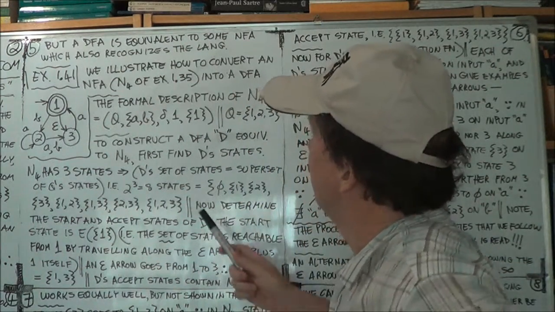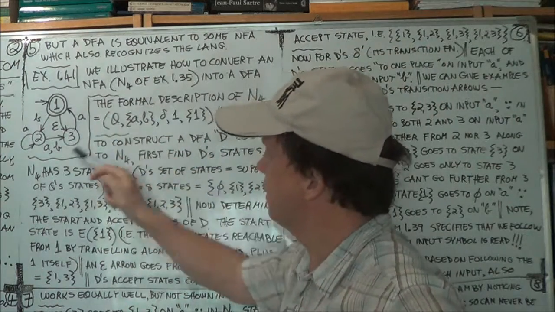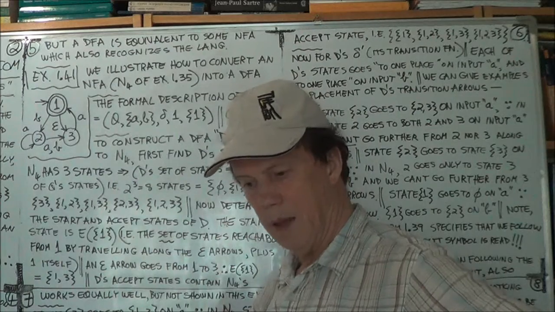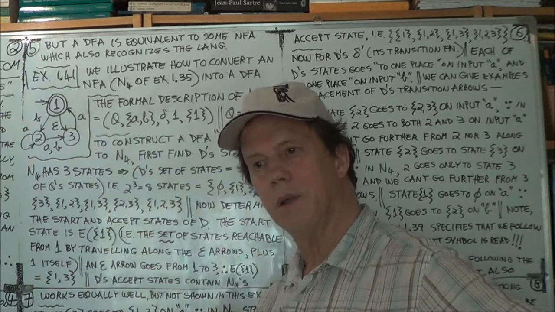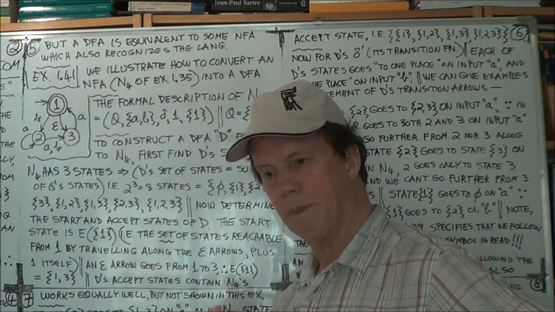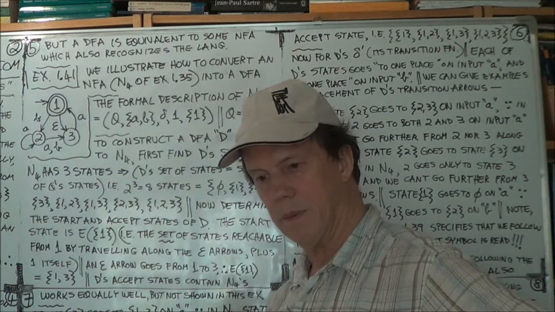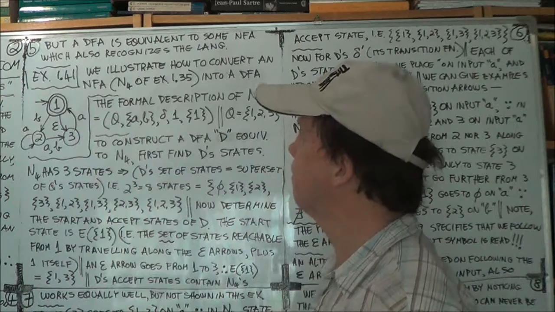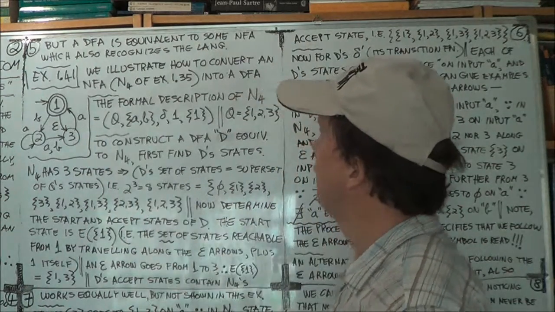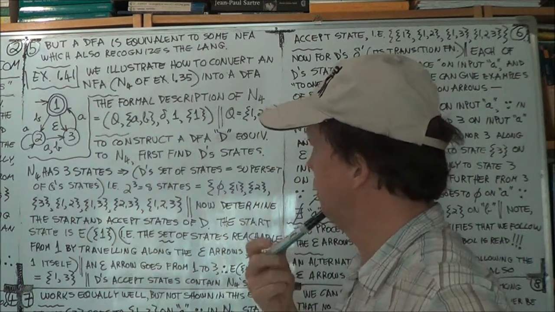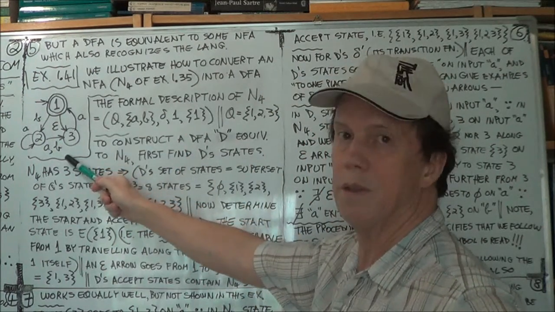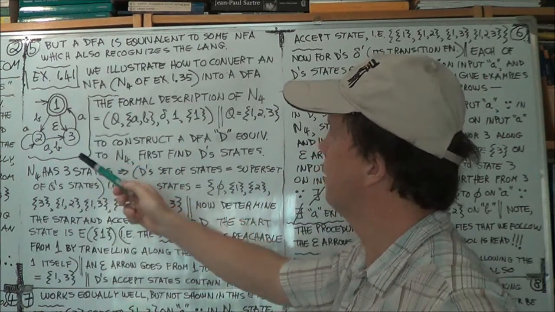Okay, so here's the state diagram for N4. That is the NFA that we will find an equivalent DFA for. This is what we start with, and we'll use the formal description. So here's the formal description of this NFA.